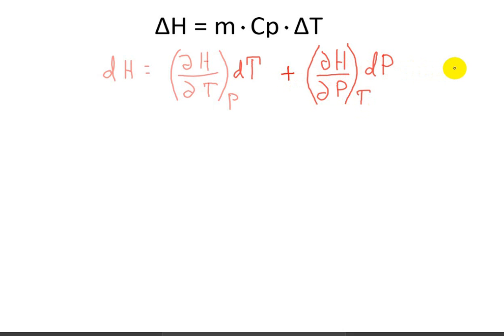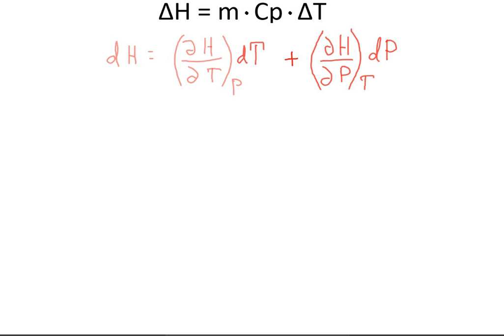Here we know that any thermodynamic state is fixed by two state variables, in this case temperature and pressure. Therefore, we say that the change in enthalpy is defined by the partial derivative of enthalpy with respect to temperature and the partial derivative of enthalpy with respect to pressure. For our purposes, it's just a definition.